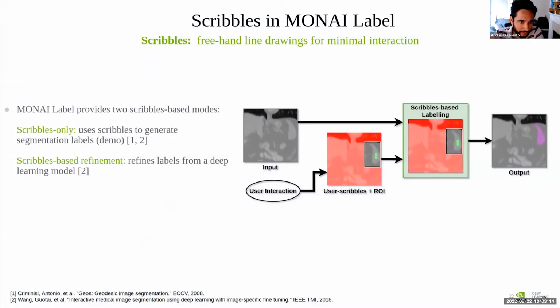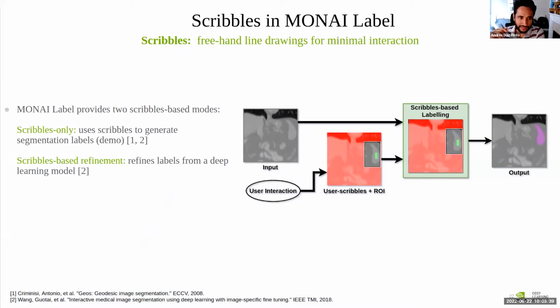Very quickly, what is Scribbles? Again, it is similar to the Slicer tools that you have in Slicer, so they grow from seeds. But instead of calling them seeds, we call them Scribbles, so you create a data set. You create labels based on the Scribbles. So there are two types of Scribbles.